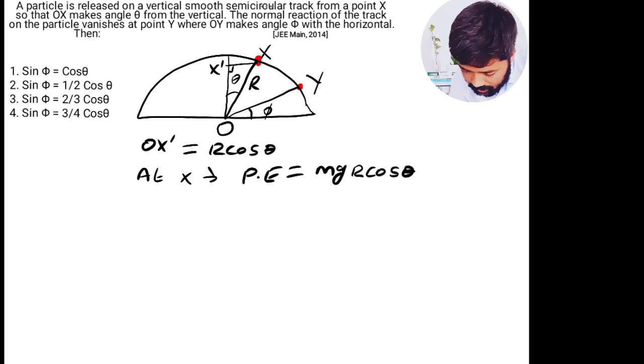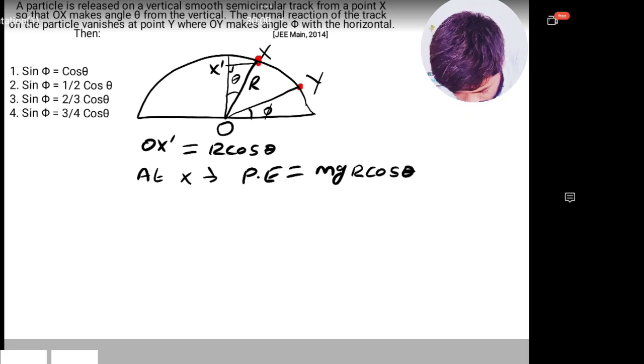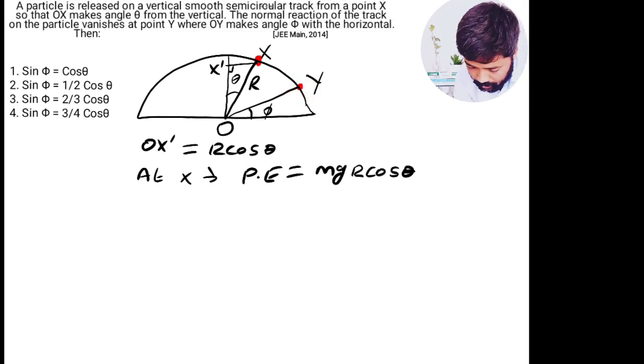Now similarly, let us see for Y. As it is falling downward, its potential energy is decreasing and kinetic energy will be increasing. So at this point Y, there will be both potential as well as kinetic energy. We are taking this point O as the reference for calculation of potential energy.